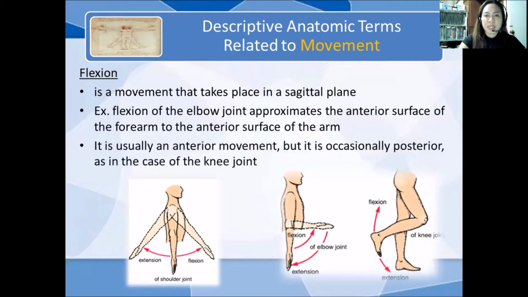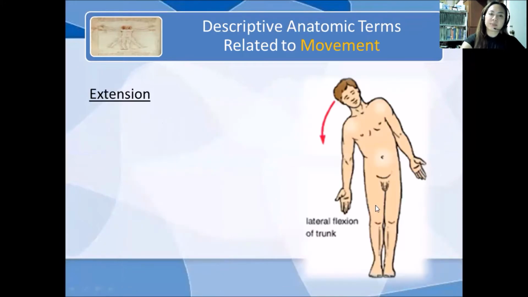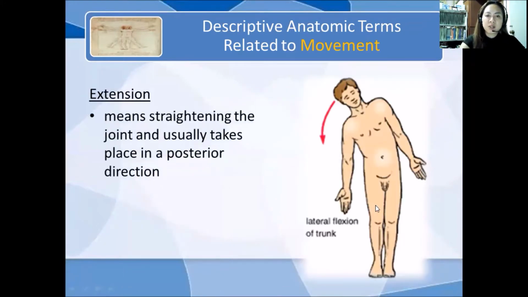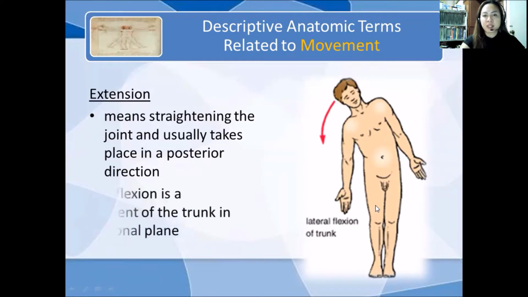It is usually an anterior movement, but it is occasionally posterior, just like in the case of your knee joint, di ba? When you try to flex your knee joint, di ba? So, papunta sa likod or posterior. What is extension? Extension means straightening the joint and usually takes place in a posterior direction.